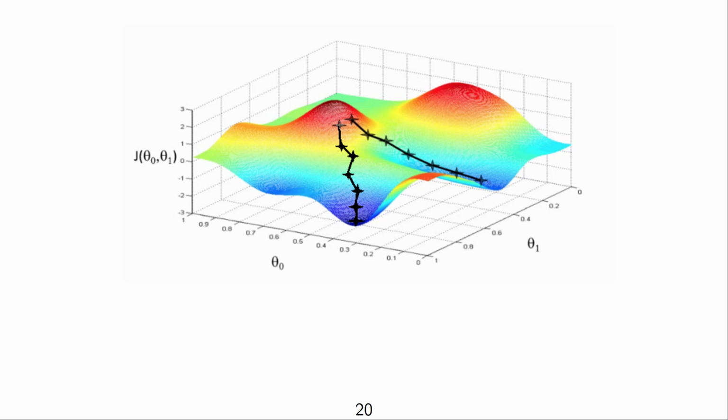So then if I'm at some particular point here, and you can imagine that this now is a neural network that has only two parameters, theta 0 and theta 1. Of course, in real life, we'll have millions of parameters, but the visualization in 2D holds. So we have some starting point here.